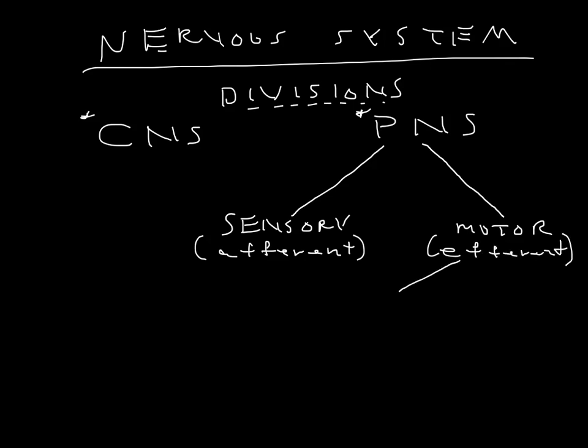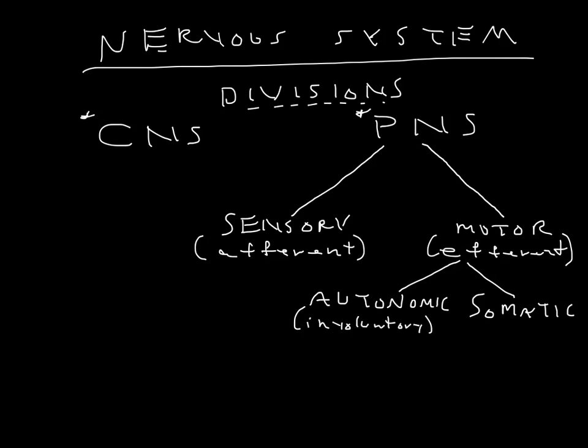The motor division is further subdivided into nerves that go towards voluntary components like the skeletal muscle, which would be the somatic nervous system, and nerve fibers that go to areas like smooth muscle or glands, which are under involuntary control, and that is the autonomic subdivision of the nervous system.